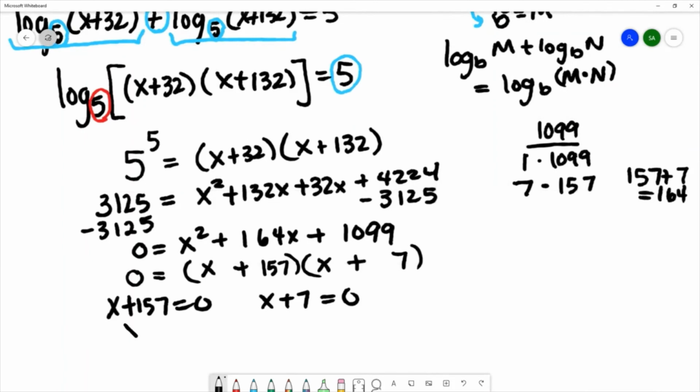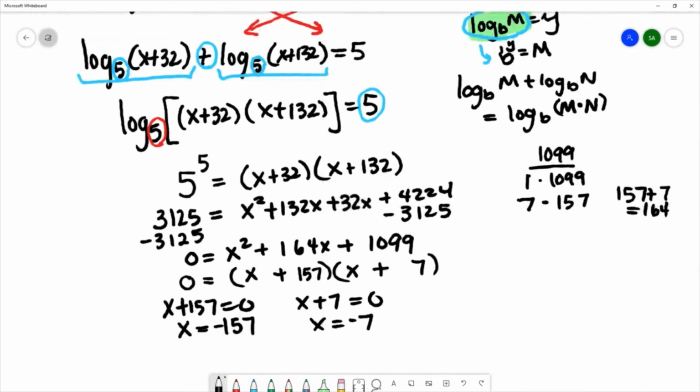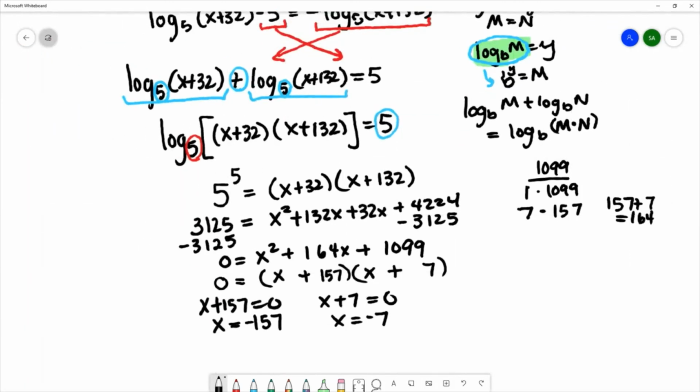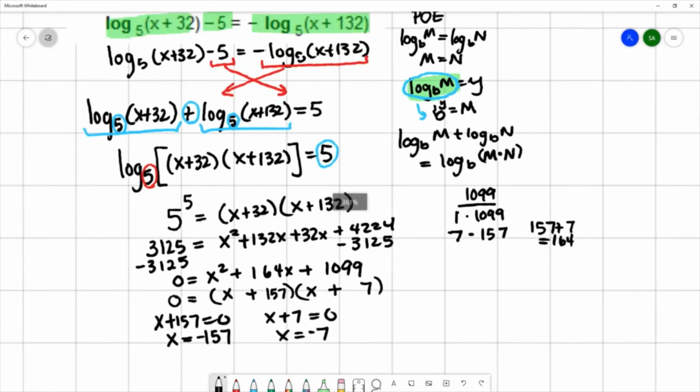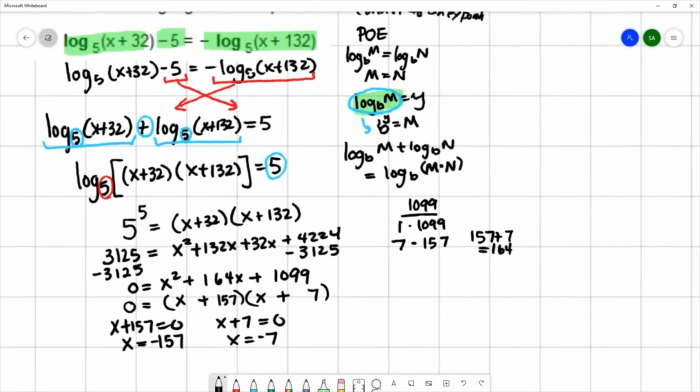So that gives us potential solutions of negative 157 and negative 7. I said potential solutions because we always need to check to see whether these solutions are in the domain of each one of these logarithms.